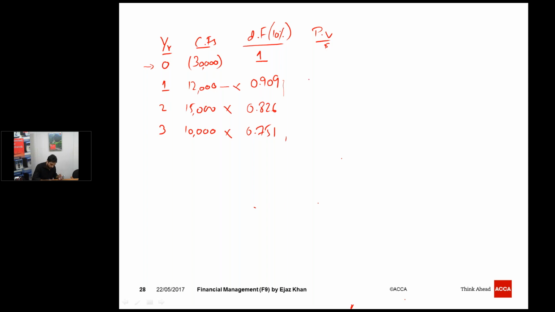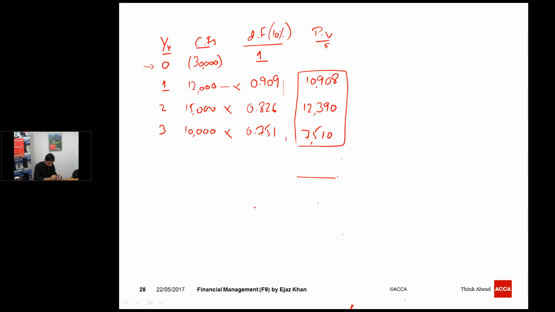So it's 10908. 15,000 into 0.826 is 12390, and then we have 7510. So let's sum all these present values to get the total present value of the cash inflow.